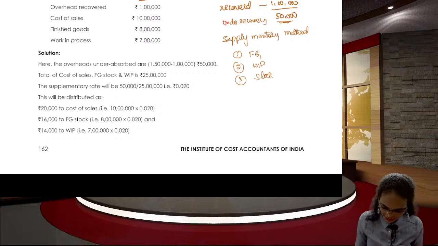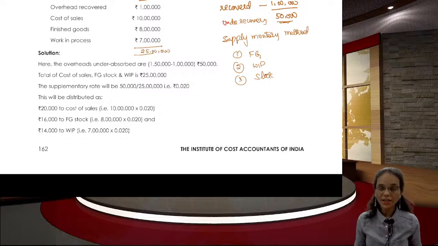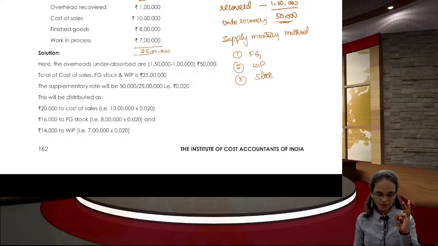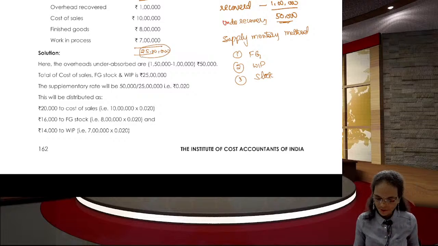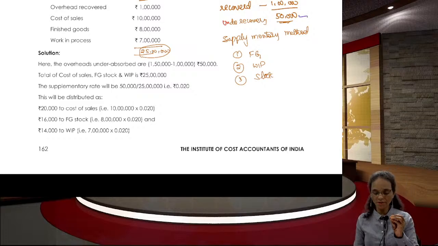That means we have 25 lakhs worth of cost of goods sold, finished goods and work in progress, 3 kinds of elements. This under recovery of 50,000 has to be recovered from this.